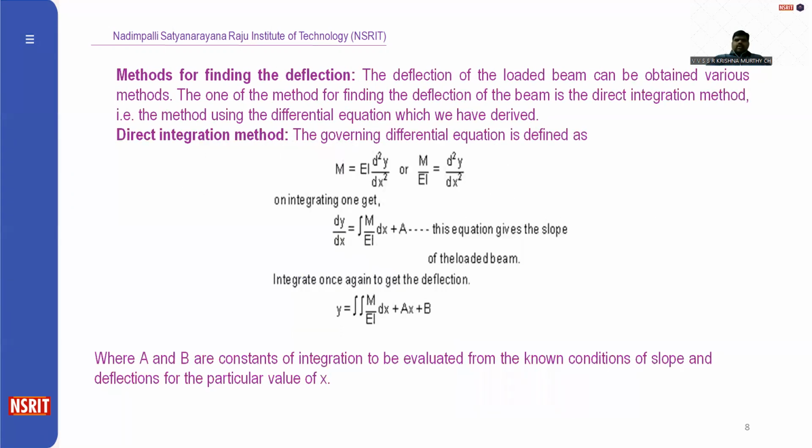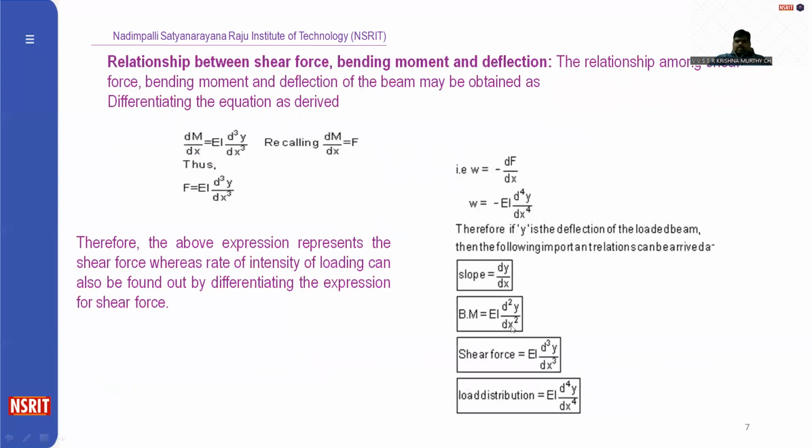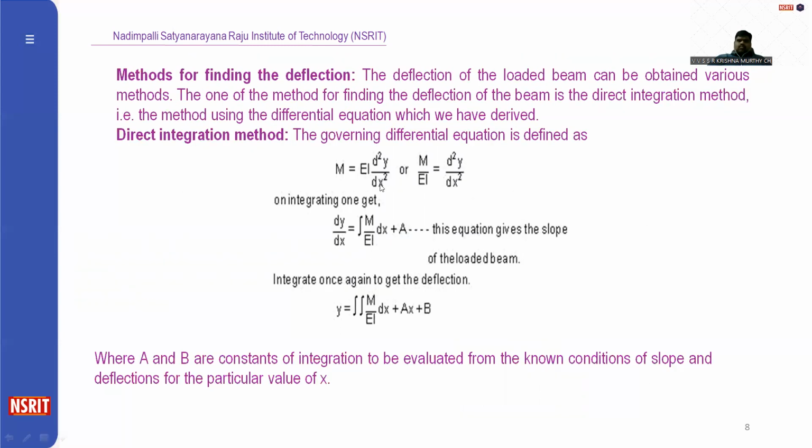Methods for finding the deflection: the deflection of a loaded beam can be obtained by various methods. One of the most important methods is the double integration method. The governing equation for the bending moment we know: M is EI d square y by dx square. So I can write M by EI is equal to d square y by dx square.